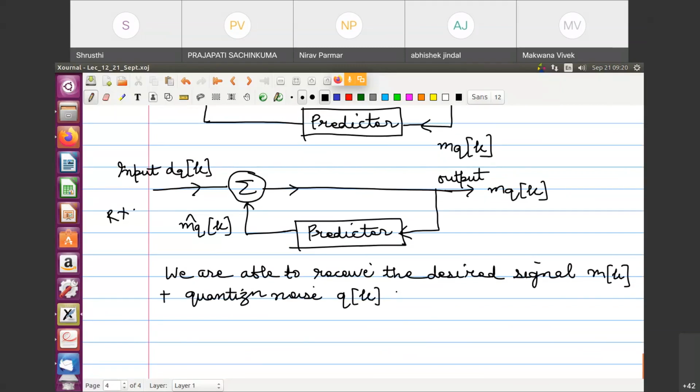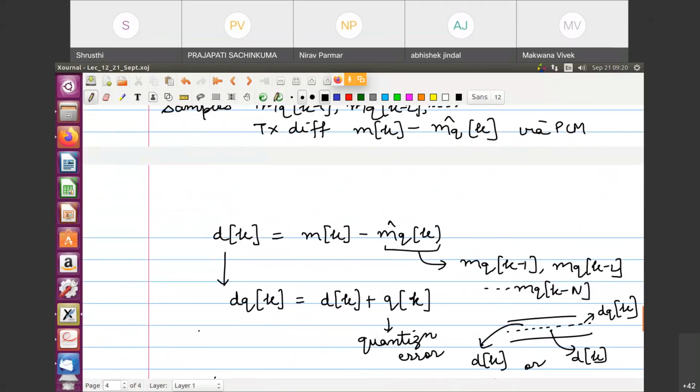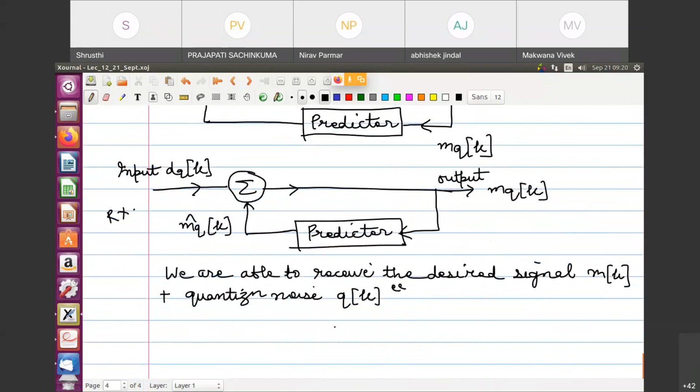Now this is very, very important. I am writing it in inverted commas so that you know it. Do not confuse that this MQK is the real quantization of MK. This is not the real quantization of MK. This is because MK is being added with some quantization noise, which is the noise associated with the quantization operation of D of K. Okay, this you should know.